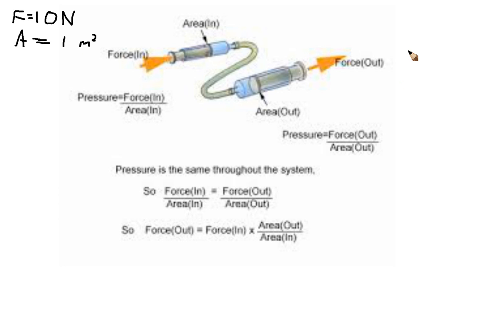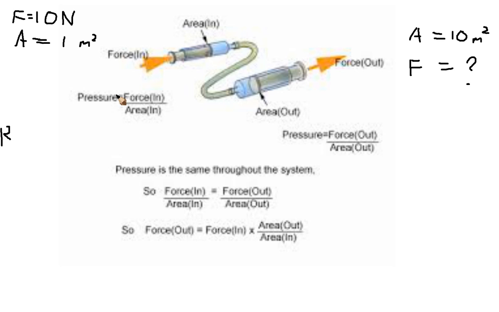And let's say on the other end, we're applying that force to an area of 10 meters squared. And they might ask us, what is the force that's going to come out on this end? Well, it may sound really tricky because we've got a force here and an area here and another. Well, basically you work out the pressure on this side.